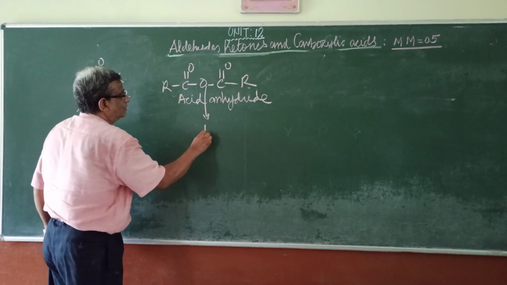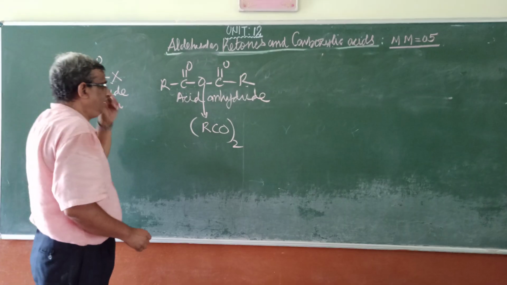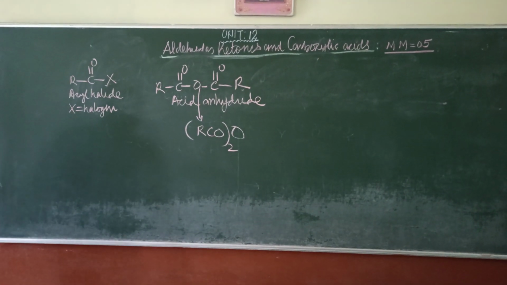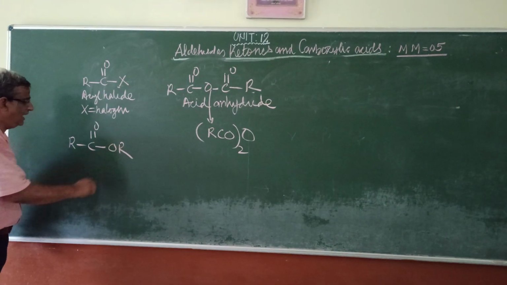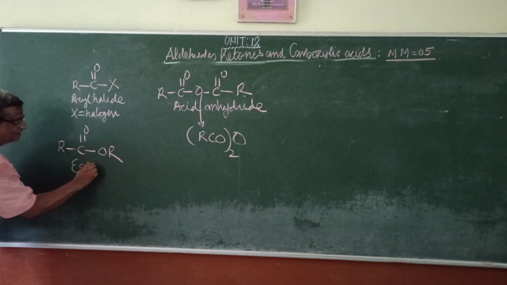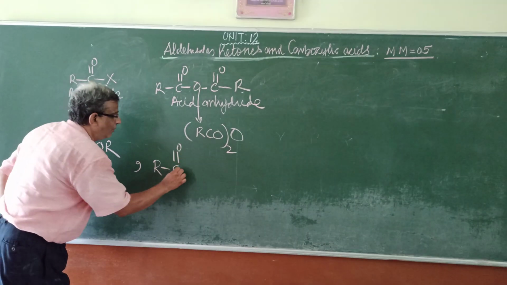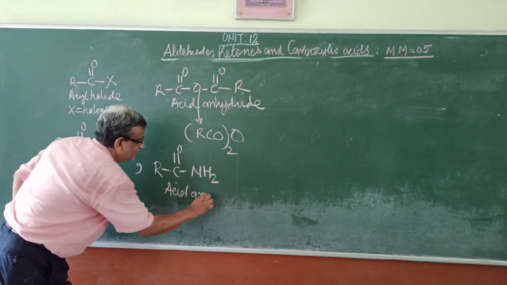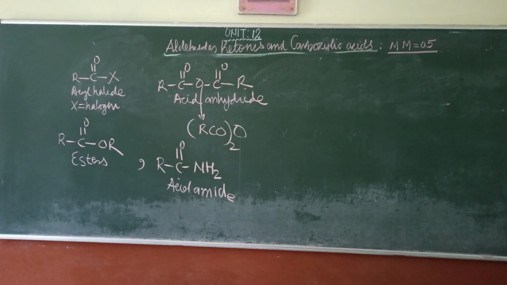I can make it short also, RCO whole twice O. Now the next is esters. What are esters here? R C double bond O, O R. These are called esters. And next one is R C double bond O NH2. This is called acid amides. I hope things are clear to you.